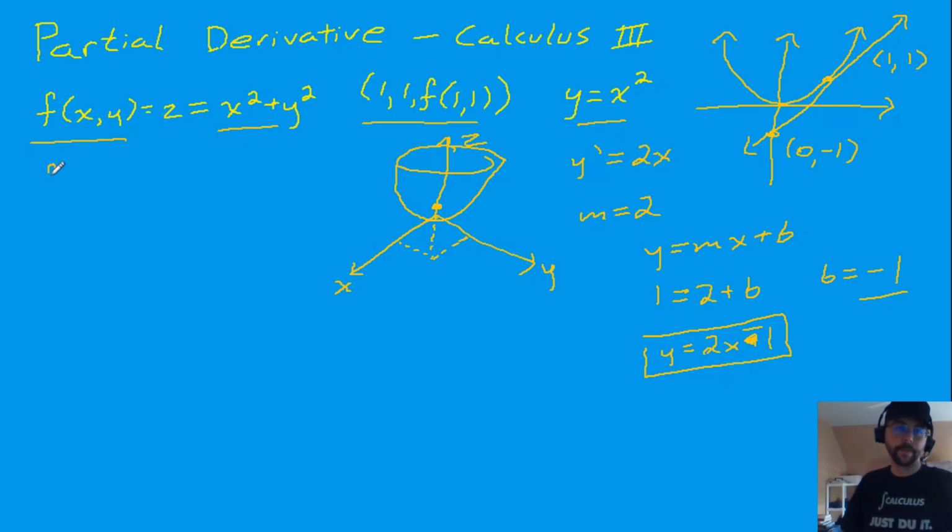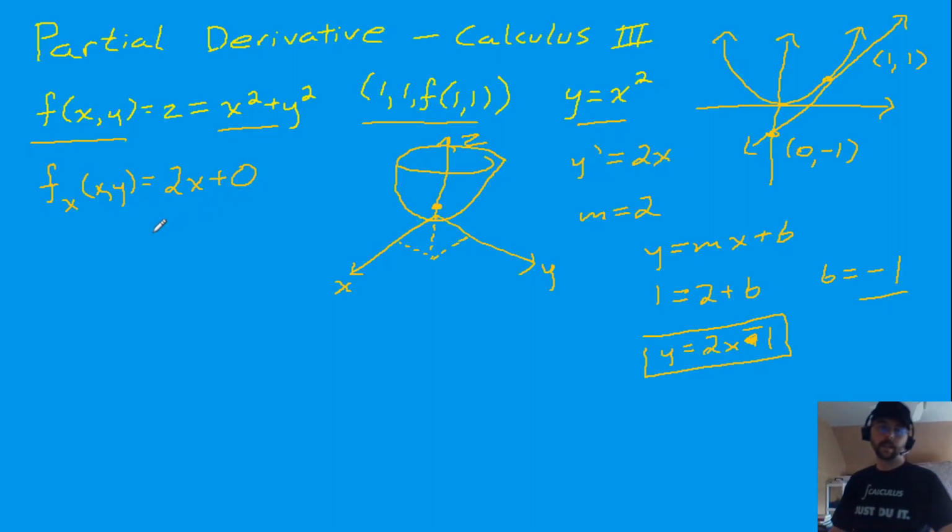So the partial with respect to x of f at x, y here is going to equal, so to do this, we just take the derivative of anything with an x as normal, but anything with another variable, we treat that variable as a constant. So the derivative of x squared is just 2x, and the derivative of a constant is 0. And this is also going to tell us a slope.